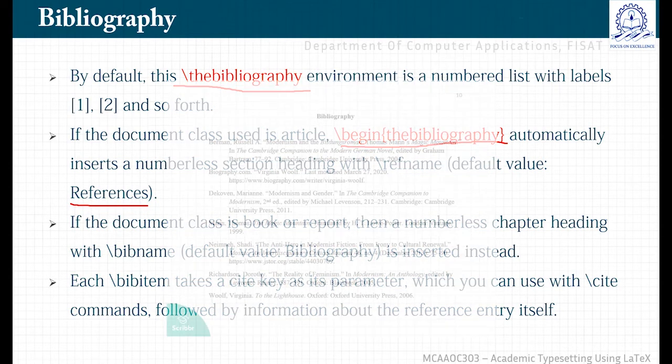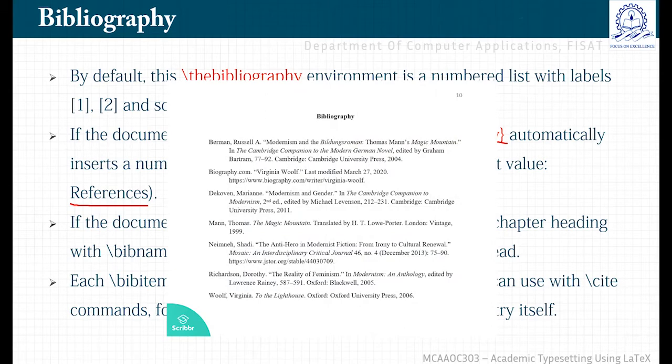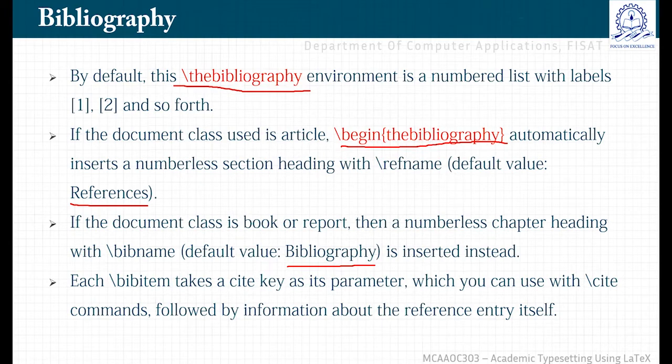If the document class is book or report, then a numberless chapter heading with the bibname is inserted. By default, the value is Bibliography. Each \bibitem takes a cite key as its parameter, which you can use with the \cite command, followed by information about the reference entry itself.